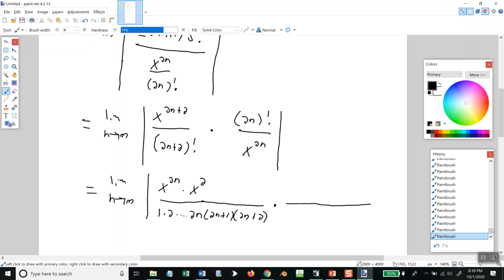Times 2n factorial, which is 1 times 2 all the way up to 2n, and then x to the 2n.